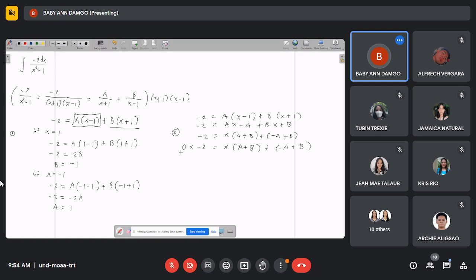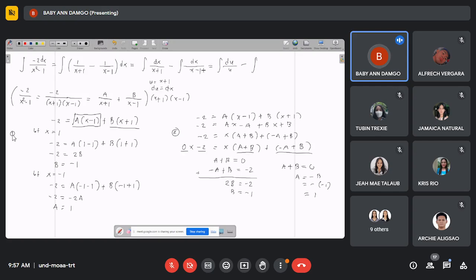Then minus the integration for x minus 1. We can write it as u sub 1, this is x minus 1. The derivative of u sub 1 is dx. So use the substitution: dx is du sub 1 over x minus 1, which is u sub 1.